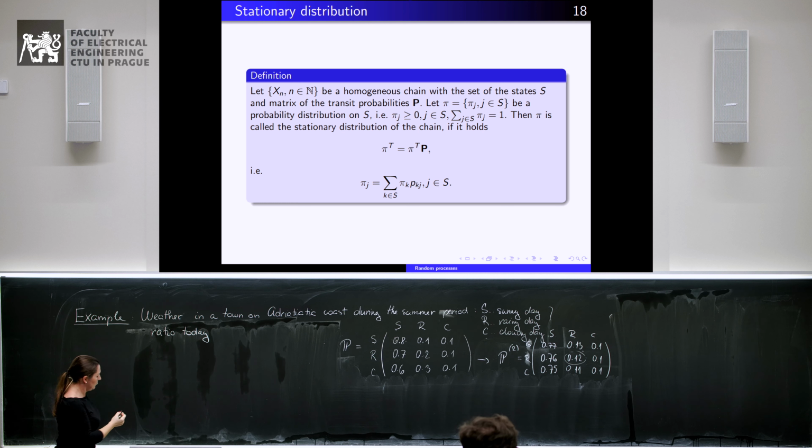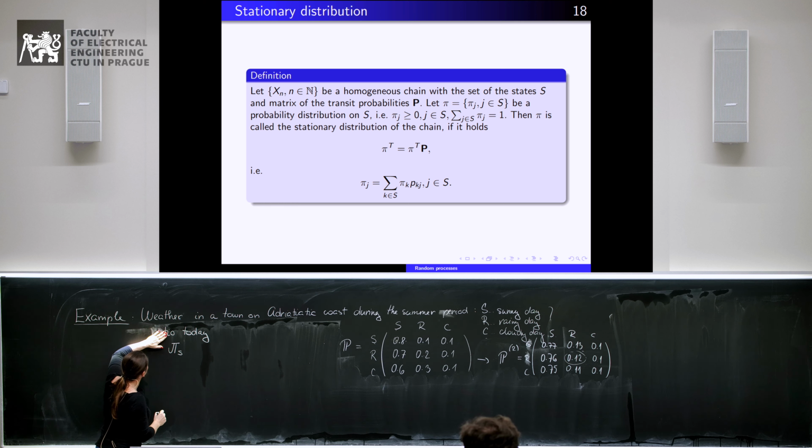We will denote the ratios of the concrete days as pi. So it will be pi s, the ratio of... ratio is not a good word now.